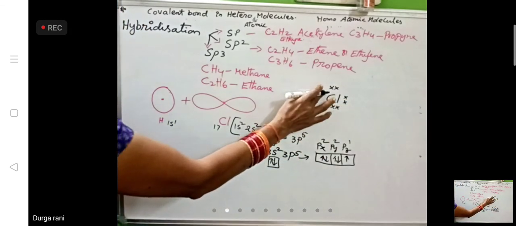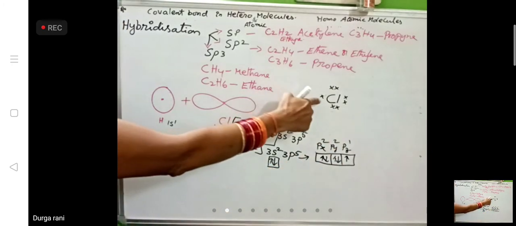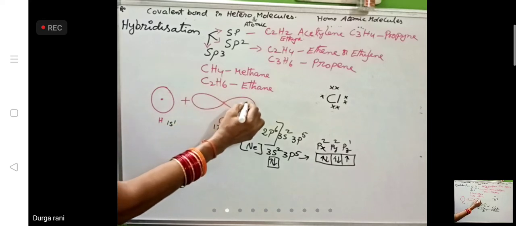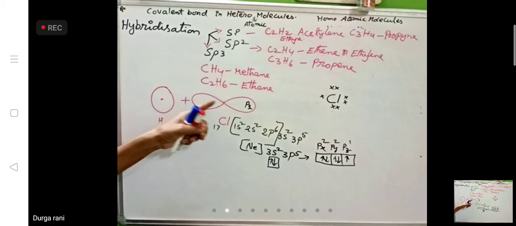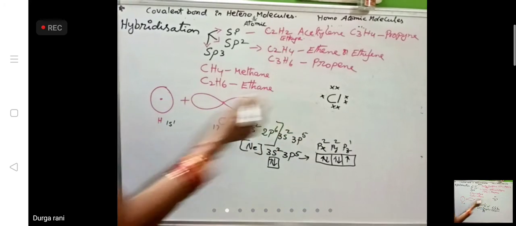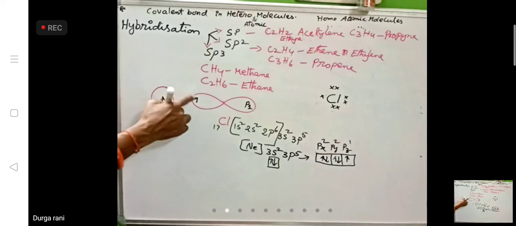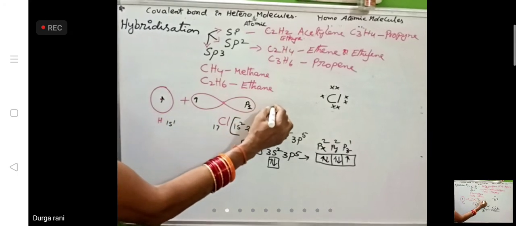One lone electron is available in the pz orbital. A p orbital normally has a dumbbell shape. This is the pz orbital. Px, Py or Pz, they all have the dumbbell shape. Only one electron, we can represent like this. The hydrogen element also has only one electron. So when the bond is formed between these two, there is formation of an HCl molecule.